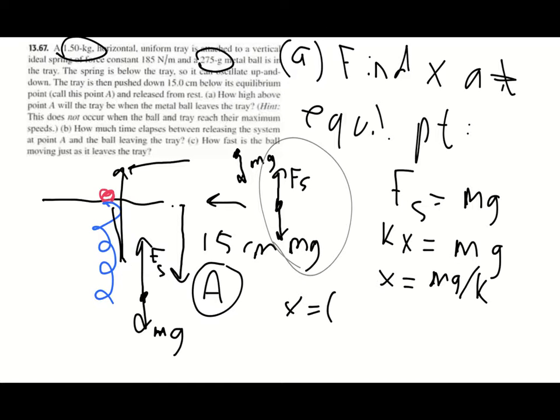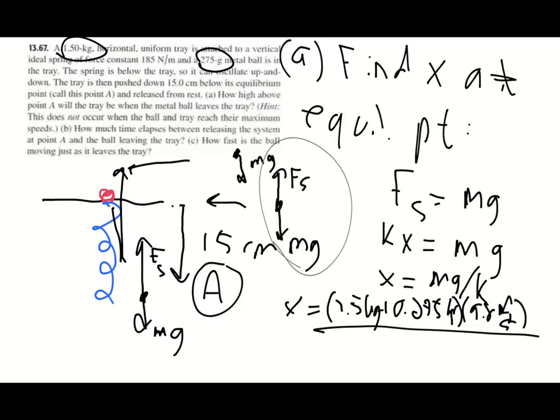So I'm going to convert them. 1.5 kilograms plus 0.275 kilograms times 9.8 meters per second squared, all divided by that 185 newtons per meter.